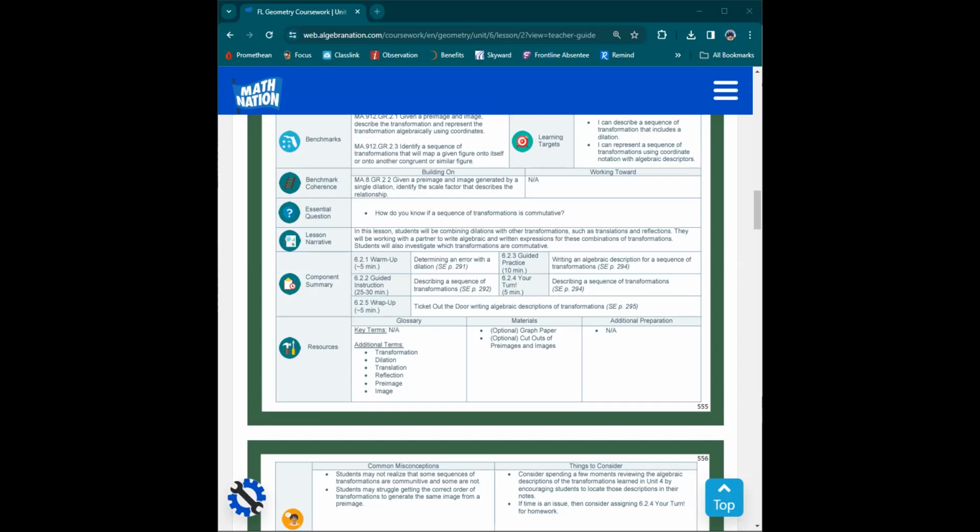So how do I verify that that's my point of dilation? I'm going to verify that real quick just by running some lines through those intersection points and where they come together. That is indeed my point of dilation, right?